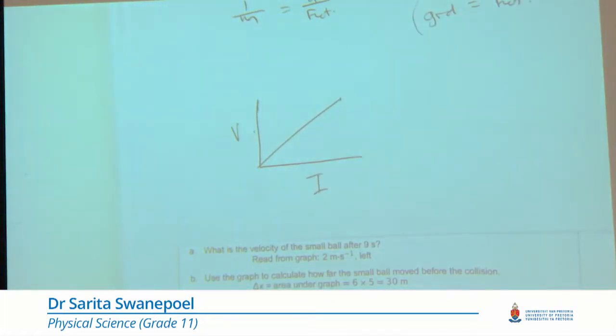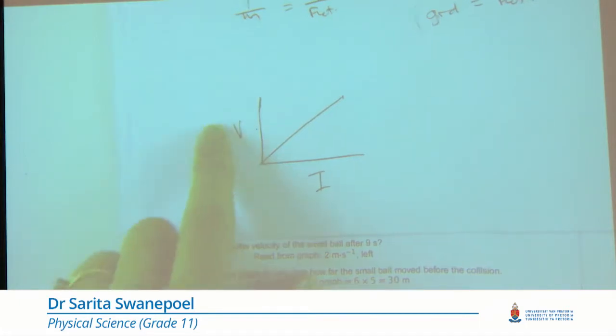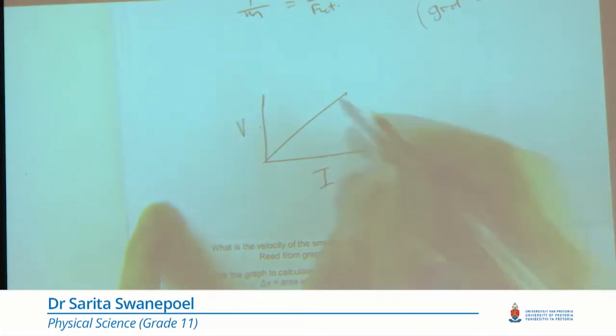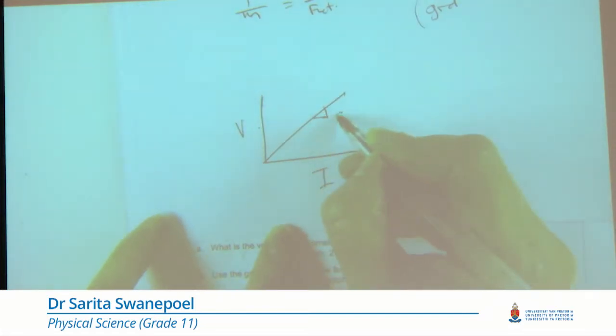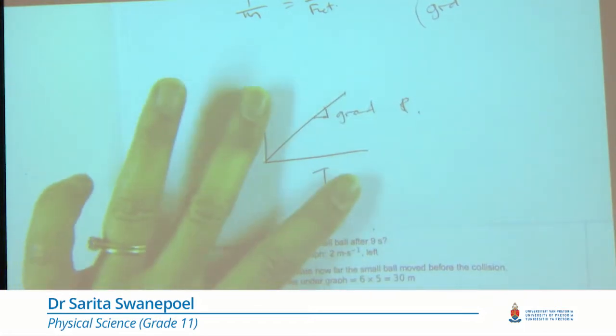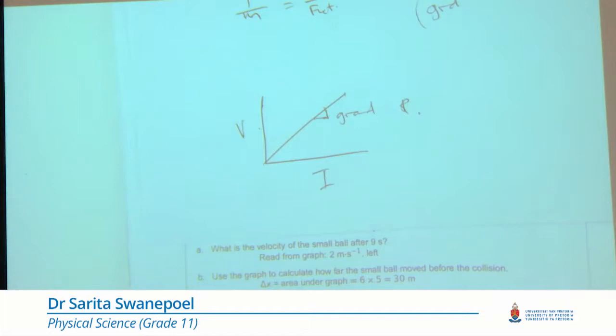A straight line has just got one gradient, so the gradient is the constant thing. What's constant? Constant in Ohm's law was the resistor you were using, and that's how they start off to show you gradient is R. But if you drew the axis the other way around, it would have been 1 over R.